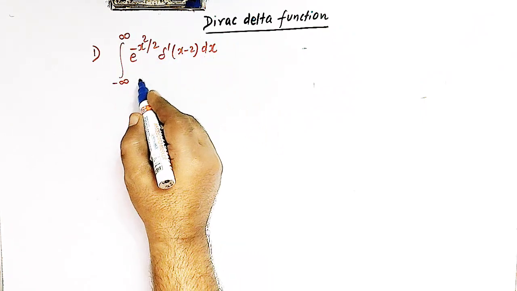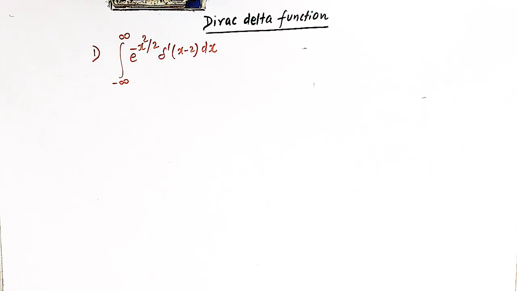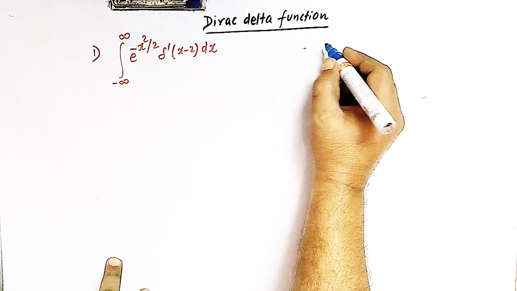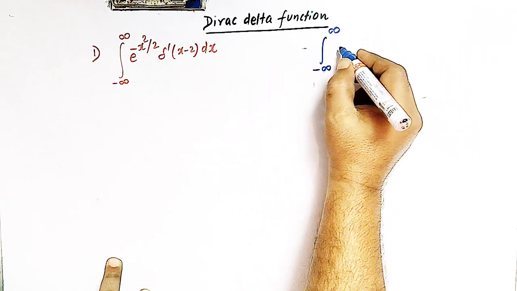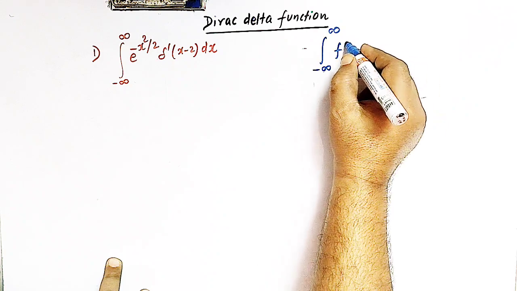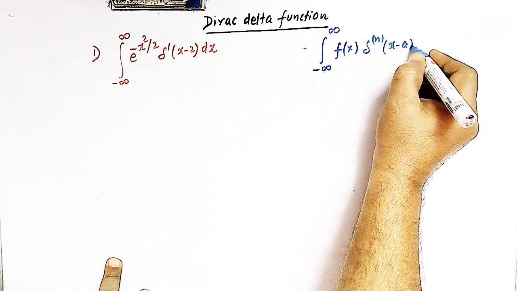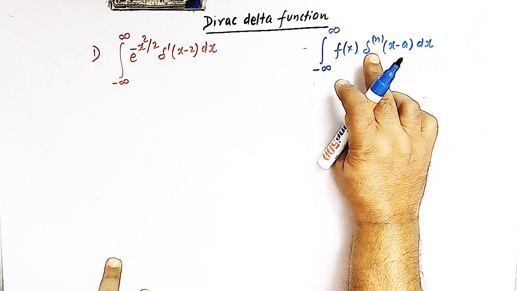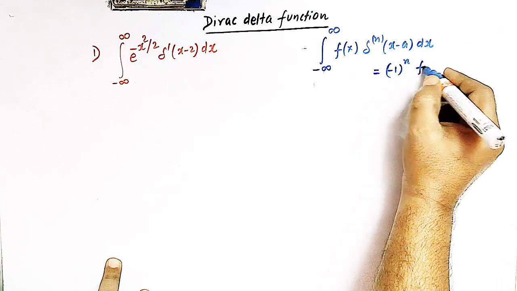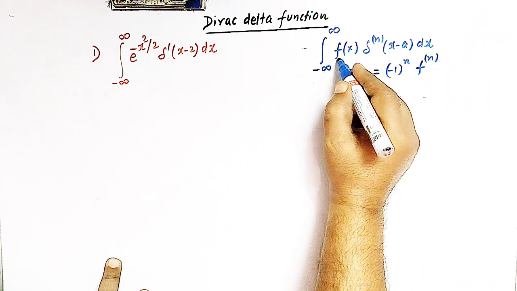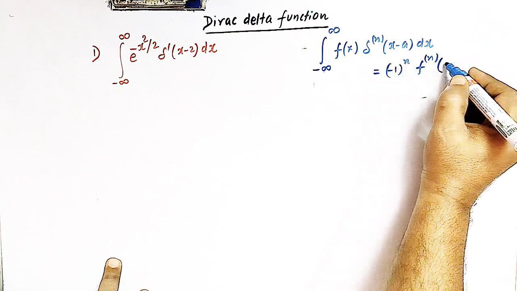In order to evaluate these kinds of integrals where derivatives of the Dirac delta function are involved, we have to make use of this important property, which says that the integral from minus infinity to infinity of a function f of x times the nth derivative of the Dirac delta function is equal to minus 1 raised to n times the nth derivative of f of x evaluated at the point x is equal to a.